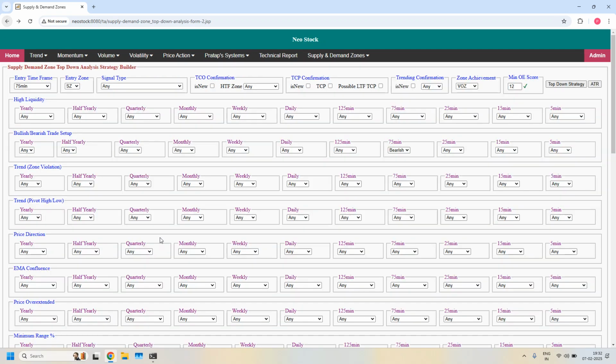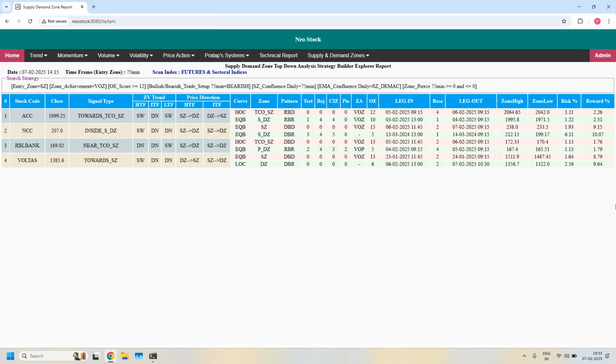Let us verify. In the EMA confluence, at daily time frame, I am setting the filter daily supply zone having daily EMA confluence. With this filter, the list has come down to 4 stocks. So in these 4 stocks, the 75 minute supply zones are even higher probability trade setup supported.